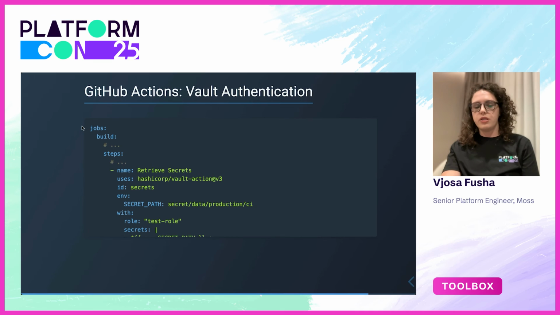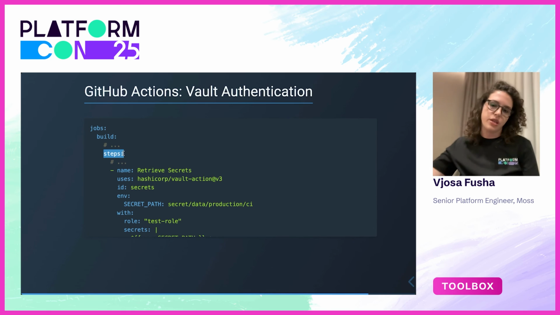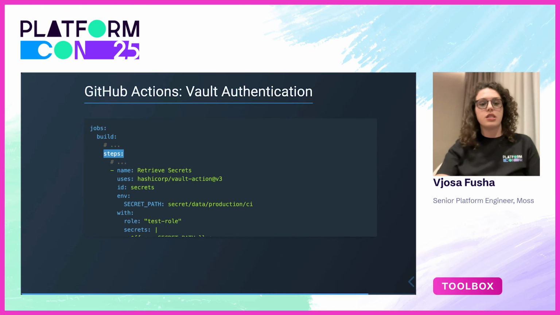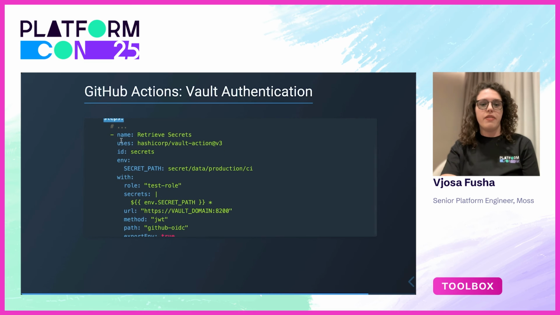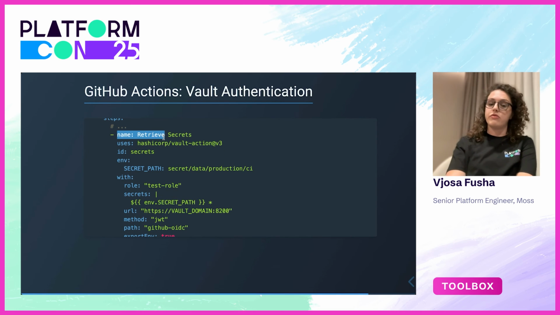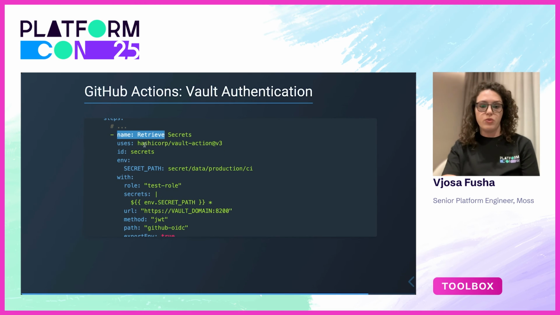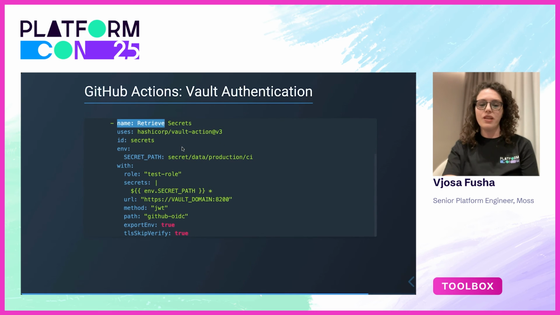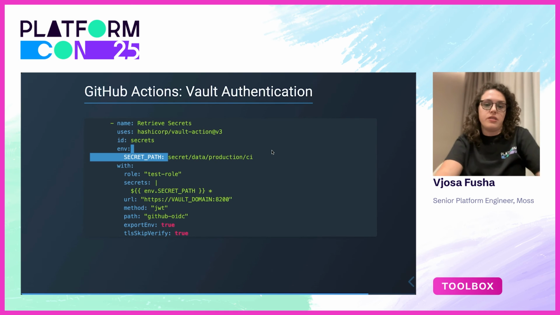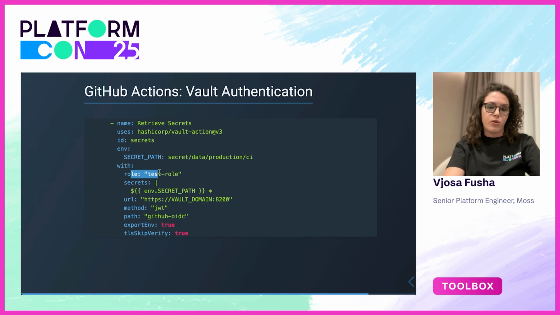Similarly to GCP, we define the job in certain steps. We also need the ID token, right. We didn't add it here. And then for us to retrieve the secrets from Vault, we can use this official HashiCorp Vault action. We just need the secret path, which in our case we defined as secret data production CI, and the role name.